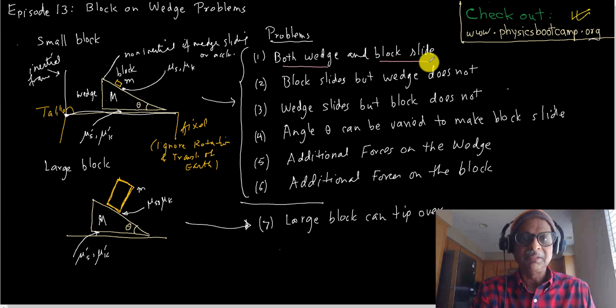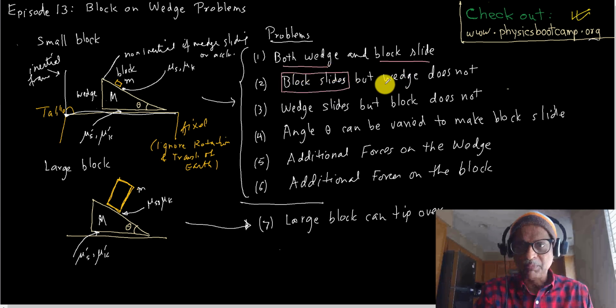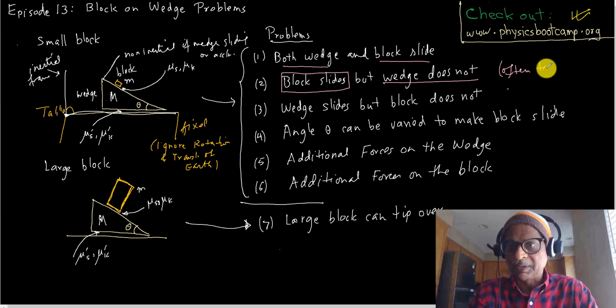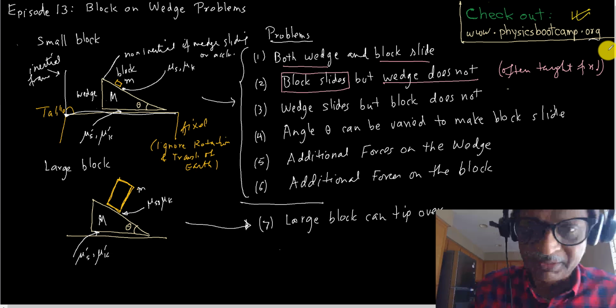So you can see there will be a problem type in which both wedge and block slide. In another problem, the block slides but the wedge does not slide. This is the most elementary one, often taught first. It's like, what's the simplest situation I can imagine.